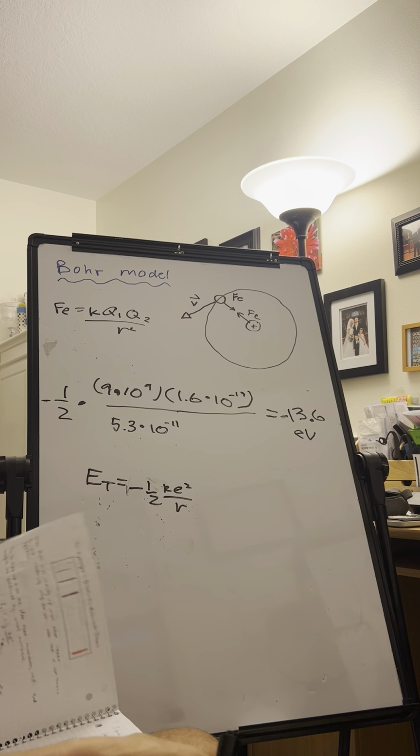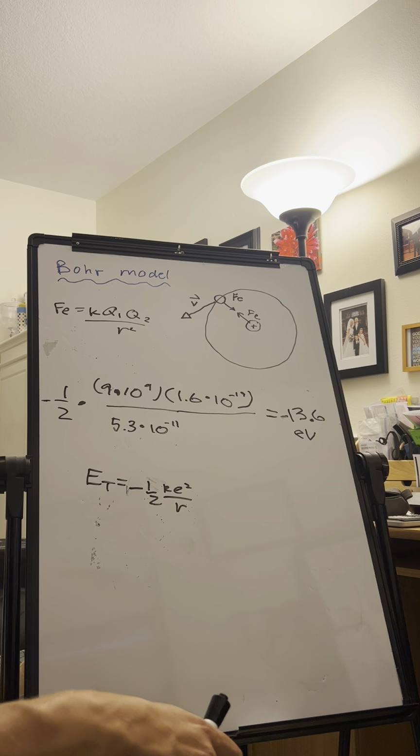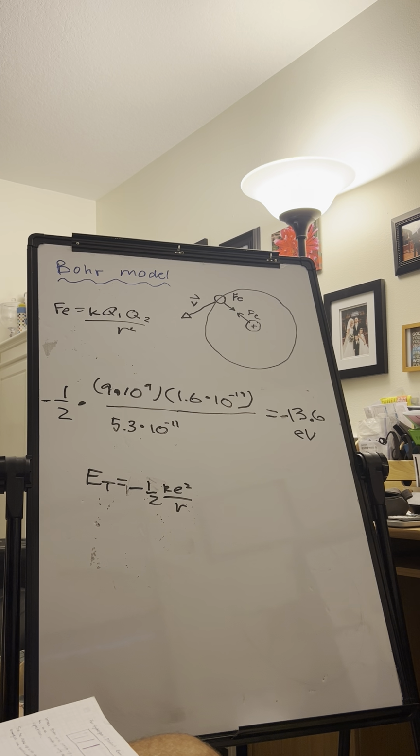what Bohr was asking was, he was expecting the spectrum of the hydrogen atom to be continuous. However, there's distinct emission lines. So he came up with the idea that momenta, radii, and energies are quantized by whole numbers.